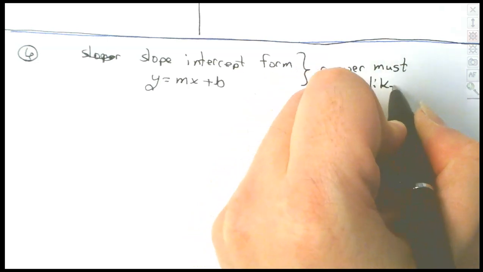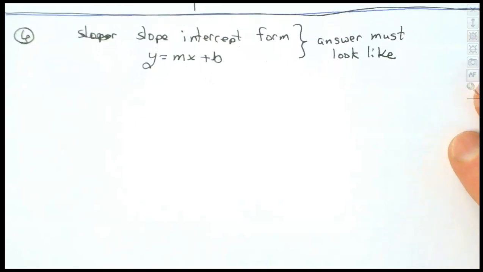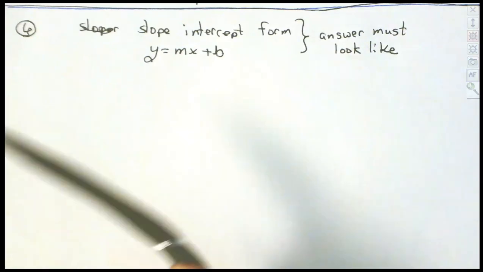So very important when we read these that we make sure we know what the answer needs to look like. Because there's two forms. There's standard and there's slope-intercept. Standard we'll use more in 3.5. But slope-intercept is solved for y.